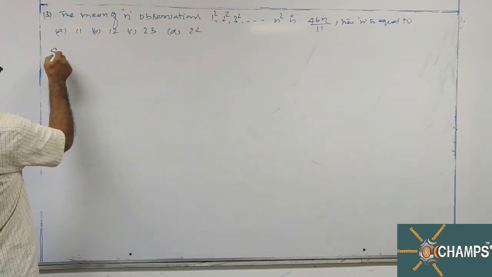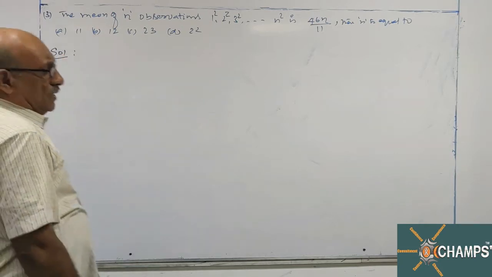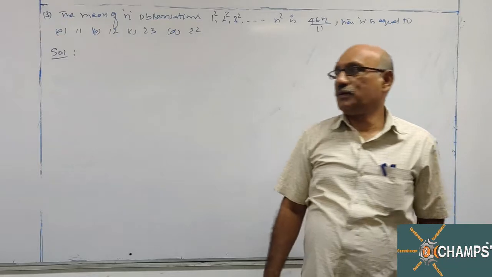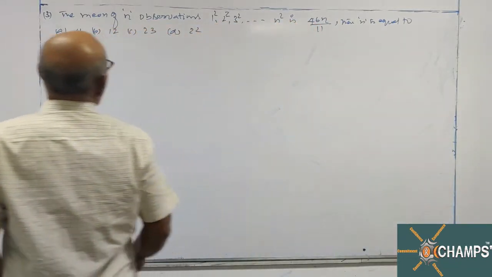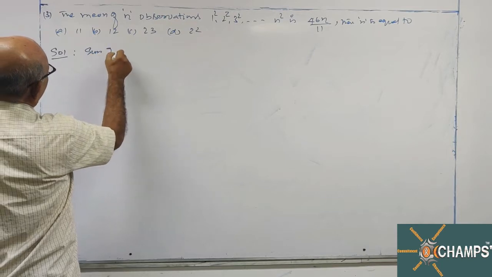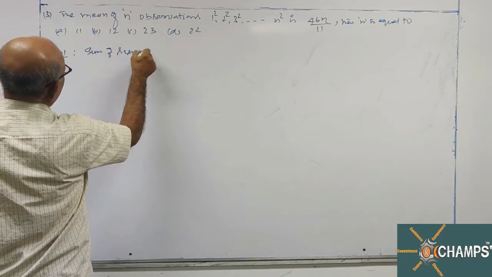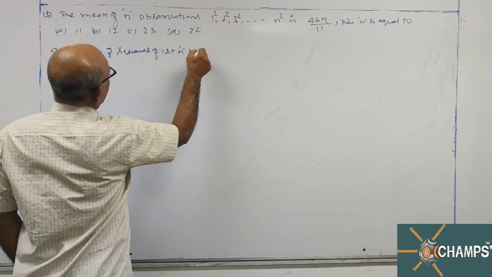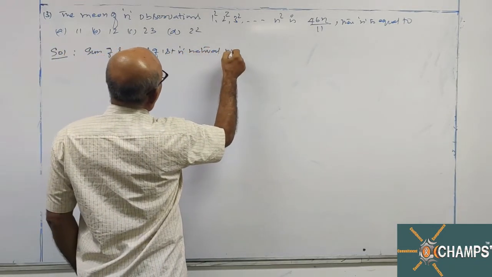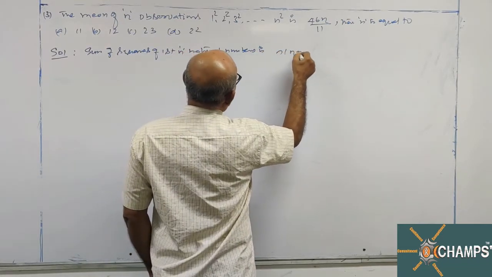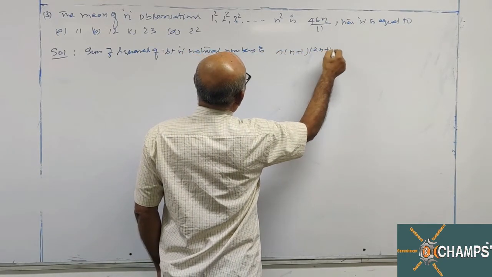Now see the solution. Sum of squares of first n natural numbers is n into n plus 1 into 2n plus 1 by 6.